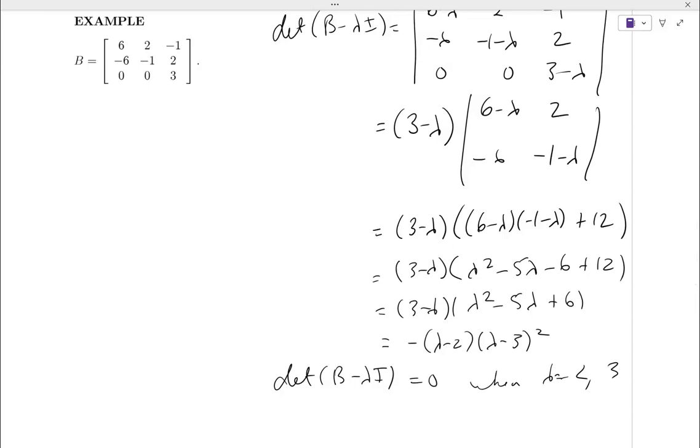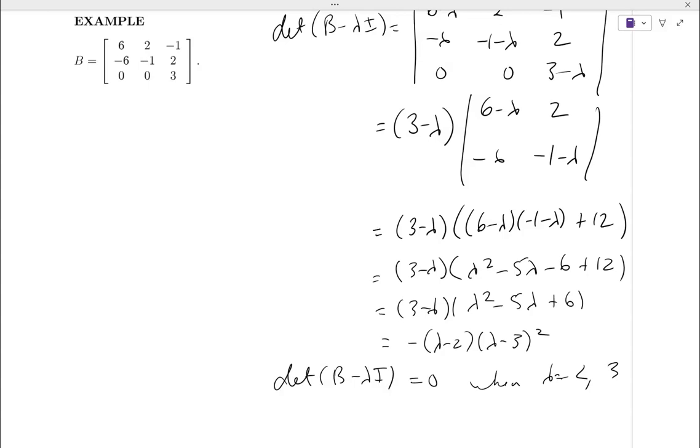Are we okay with that process? Just algebra, literally algebra at that point. What do we want to do with these eigenvalues now? Once we find the eigenvalues, we want to find the eigenspace, the bases for the eigenspaces.